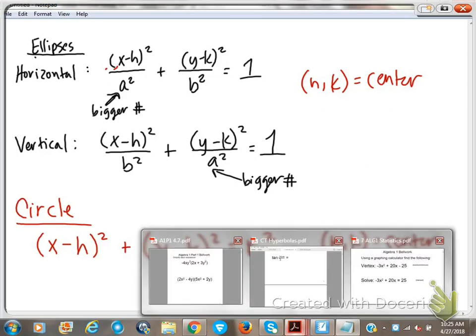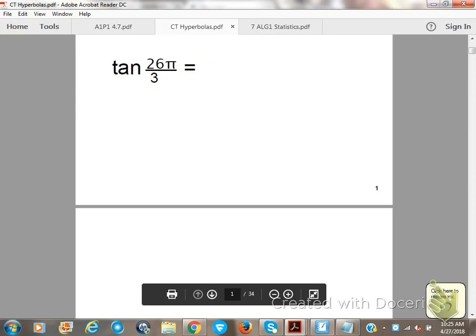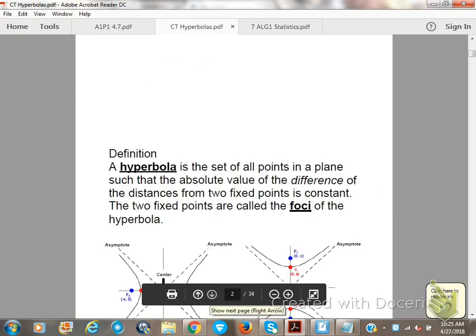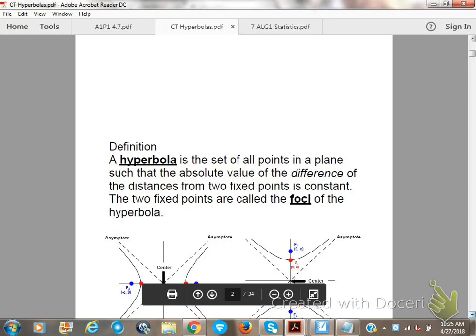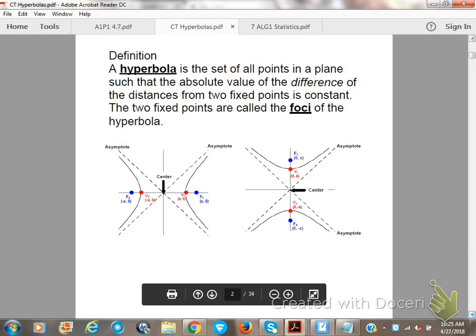So in your notes, let's write down a hyperbola definition. A hyperbola is a set of all points in a plane such that the absolute value of the difference, meaning subtraction, of the distances from two fixed points is constant.